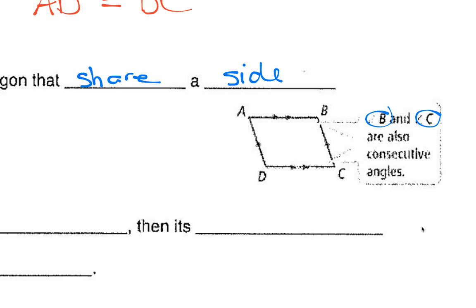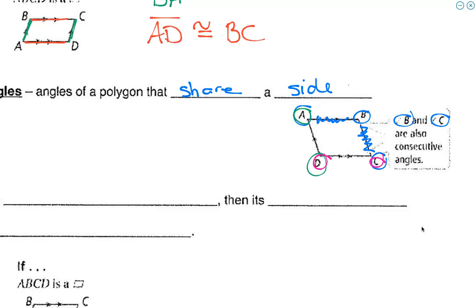That means B and A are also consecutive angles. A and D are consecutive. D and C are consecutive. So every vertex has two consecutive angles.